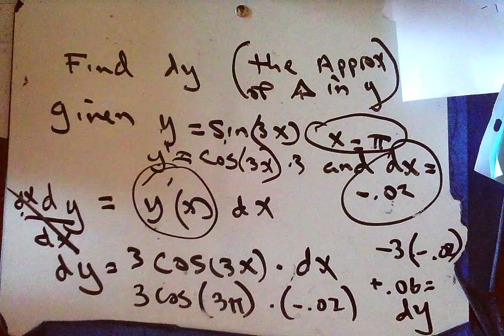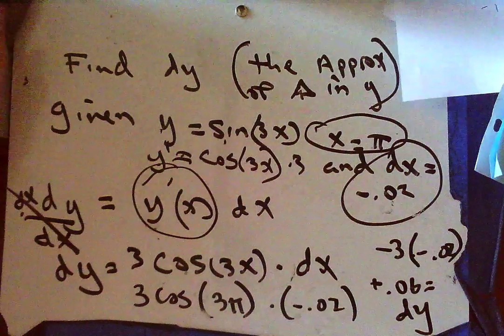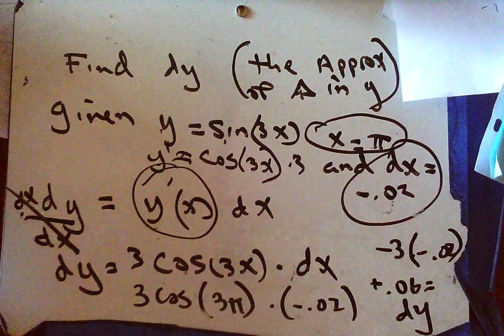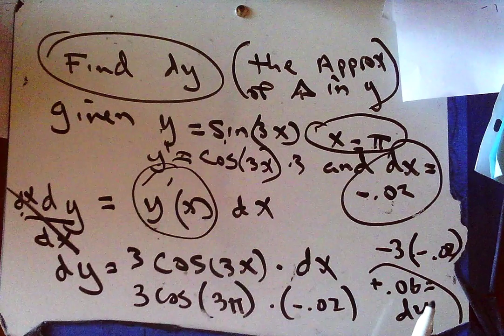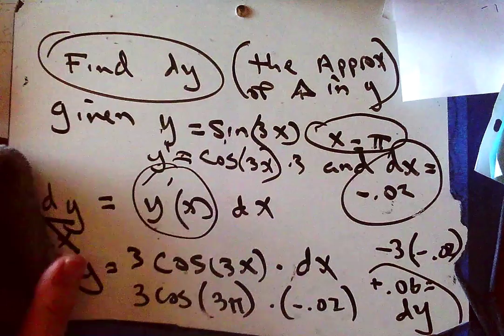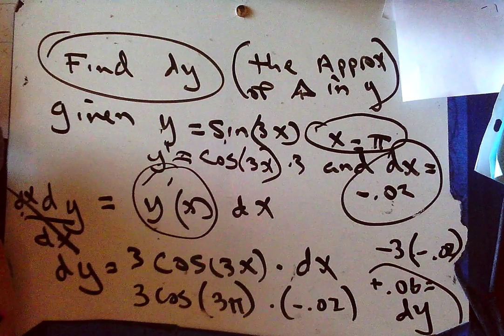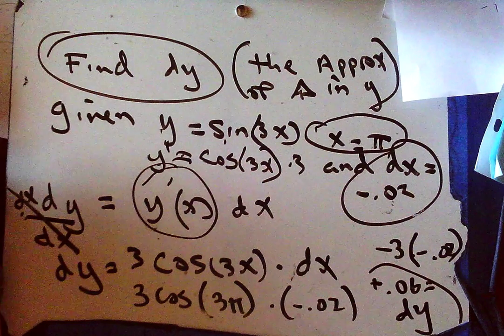All right? So what does that mean? Well, find dy, I found dy. And what I want to show you here is, when we started with derivatives, I showed you the conceptual way to understand derivative first with the limit definition of the derivative.